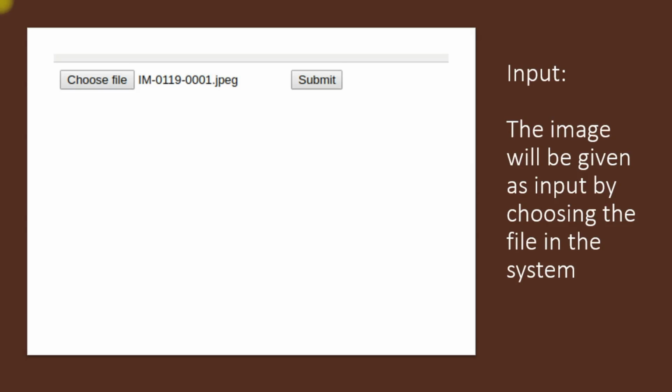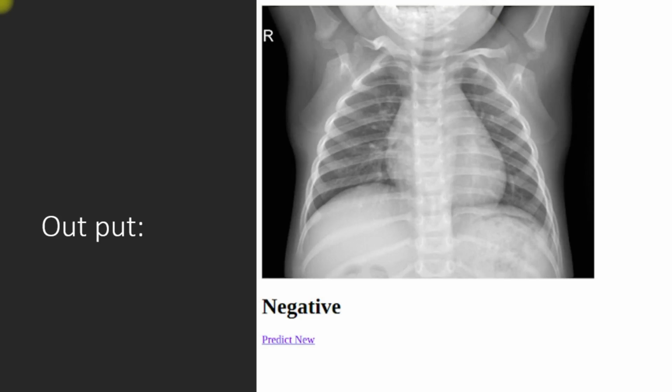For input we use a choose file button, from where we submit our actual image file, that is an x-ray of the person, and it gives us an output whether the person is infected, negative or positive. To do this process it takes nearly 50 seconds.